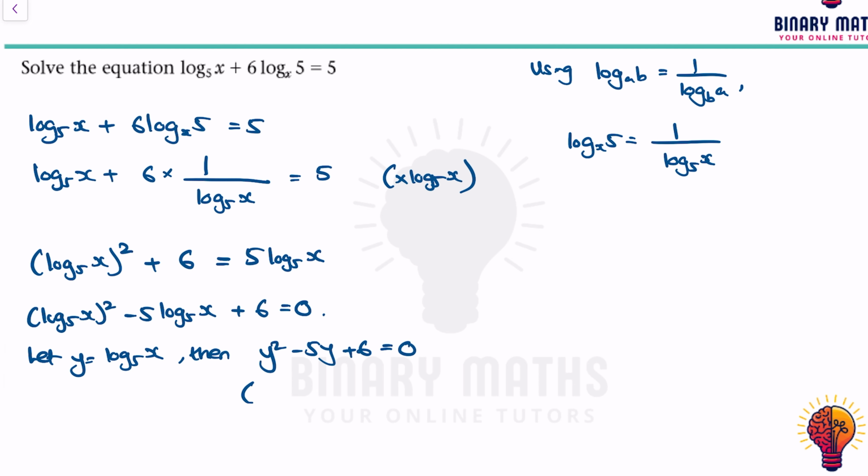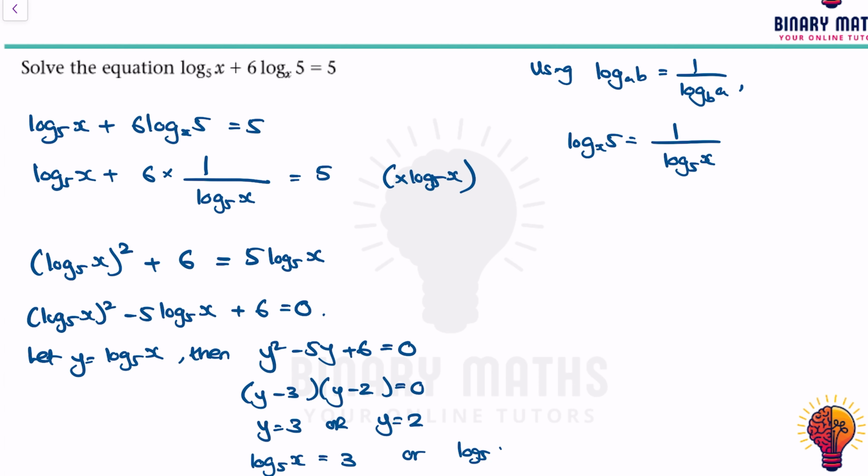I factorize this, and I've got minus 3 in one and minus 2 in the other one. So we get positive 6 and then minus 5y as the middle term, which means y is equal to 3 or y is equal to 2, which means log base 5 of x is equal to 3, or log base 5 of x is equal to 2.